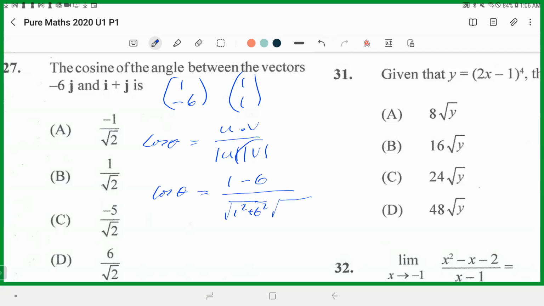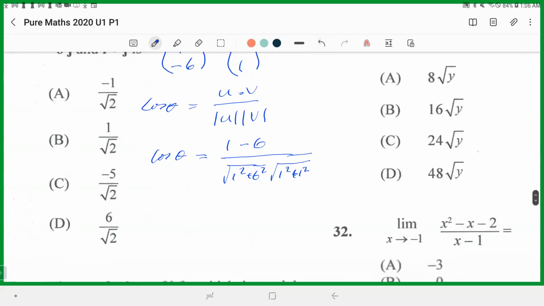Then the modulus of v is the square root of 1 squared plus 1 squared. So it becomes -5 over, this is root 37, and this is -6, 36 and 1, 37.